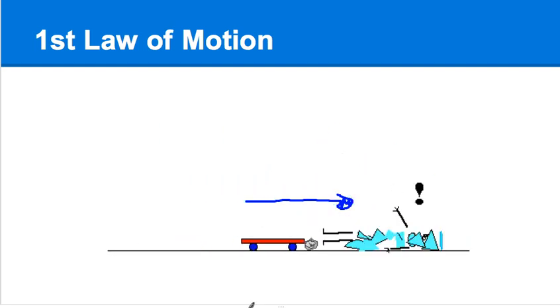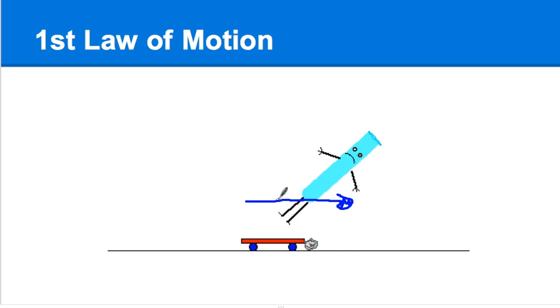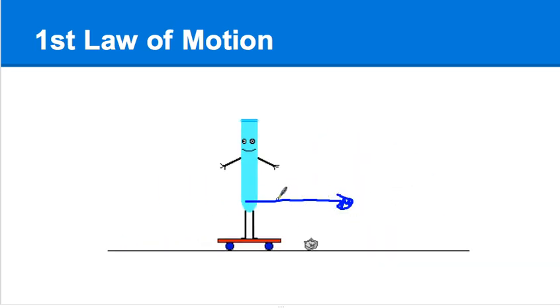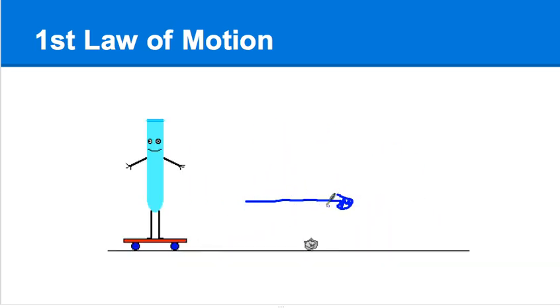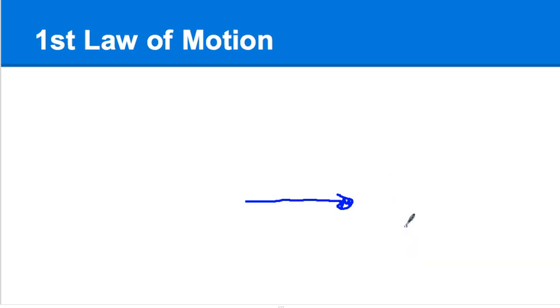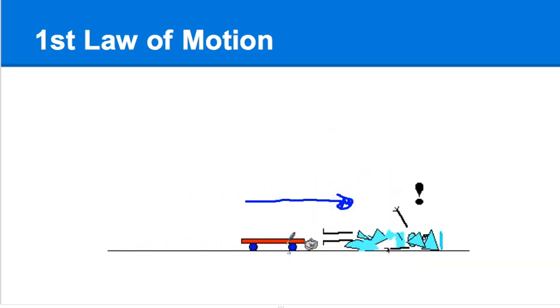The skateboard actually gets hit and it stops, but the person keeps going. And that's the law of inertia, that the person resists change. Therefore he keeps going because nothing actually changed the person. The skateboard's the only thing that actually got physically changed in that one.